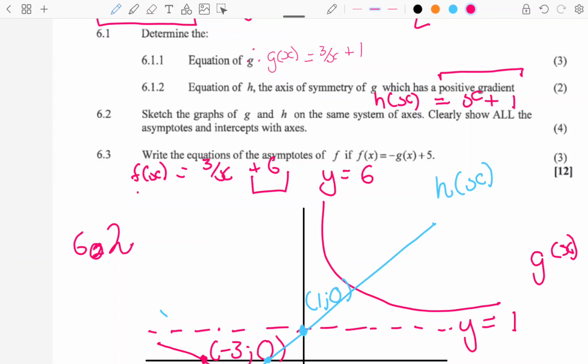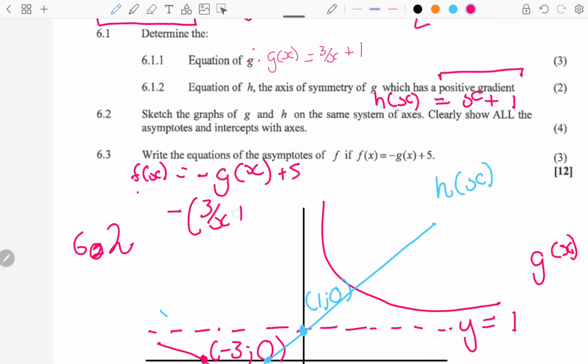Well, I'm sorry, I made a mistake. I forgot the negative. So it's negative g of x plus 5. This will be negative open bracket 3 over x plus 1 close bracket, plus 5.